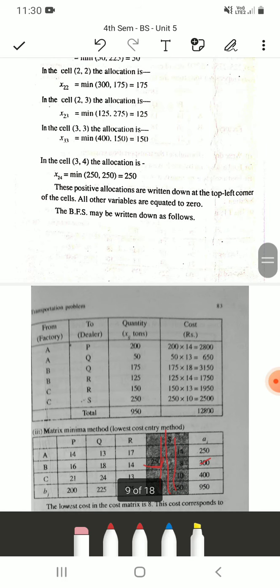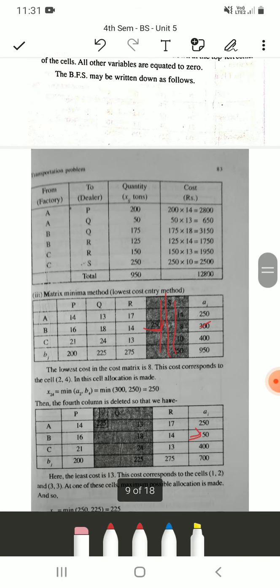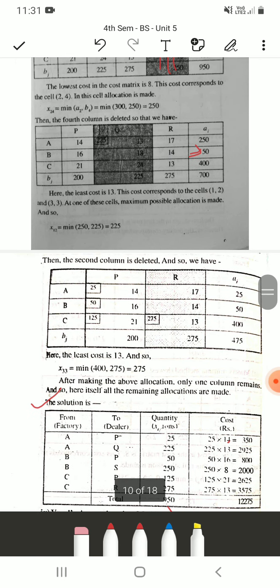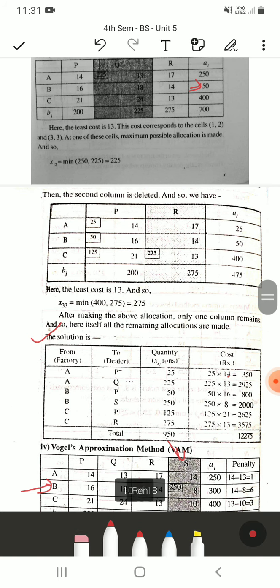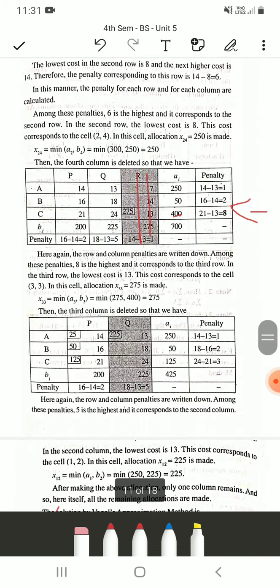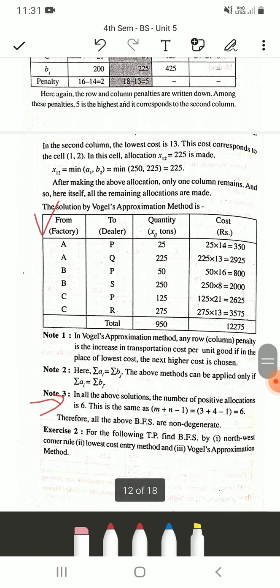Therefore we can say it is non-degenerate. Similarly, by the matrix minima method also 6 allocations are made, and by Vogel's approximation method also 6 allocations are made. Therefore we can say non-degenerate. If there is at least one less allocation made, then we say it is degenerate.